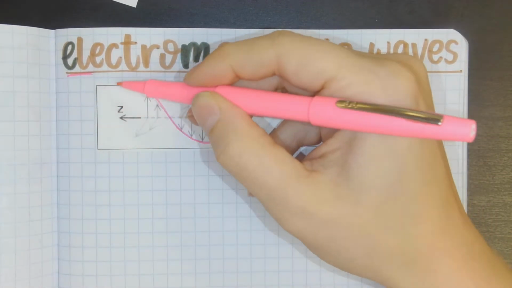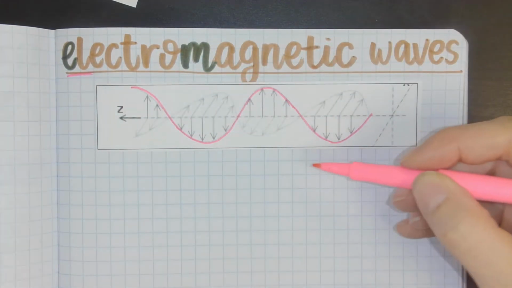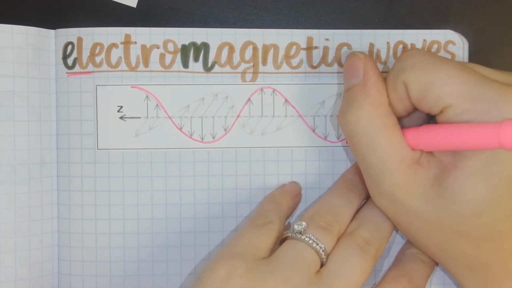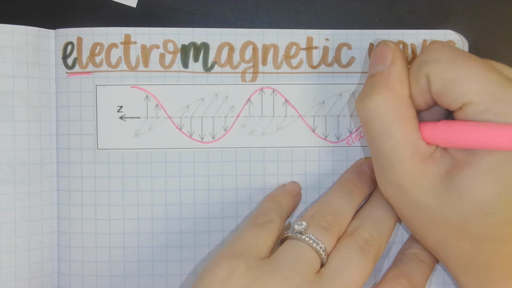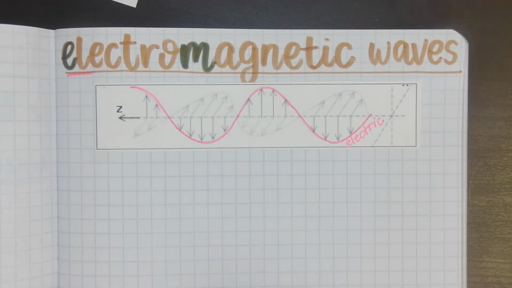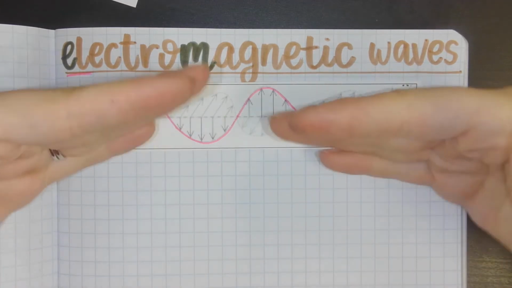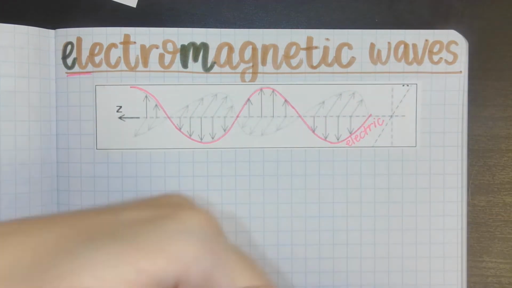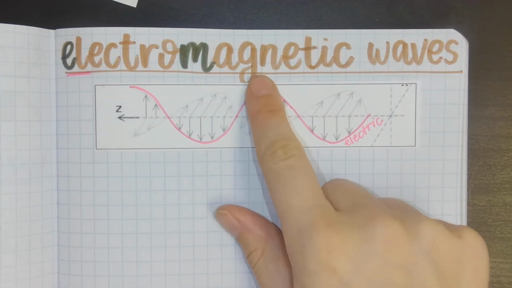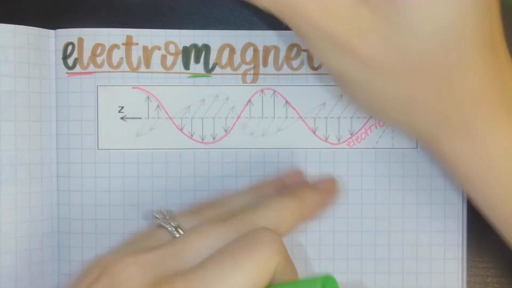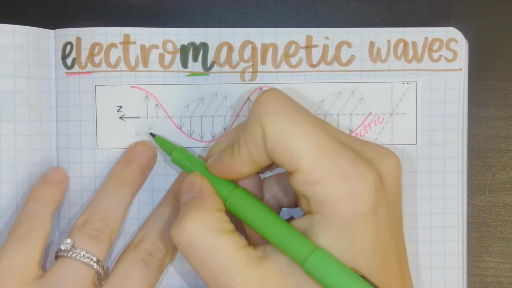So there's the electric wave, up, down, up, down, up. And then we've got a forward, backward motion instead of up and down on the magnetic. Let's do green for the magnetic. It doesn't really matter, I just picked some random colors.